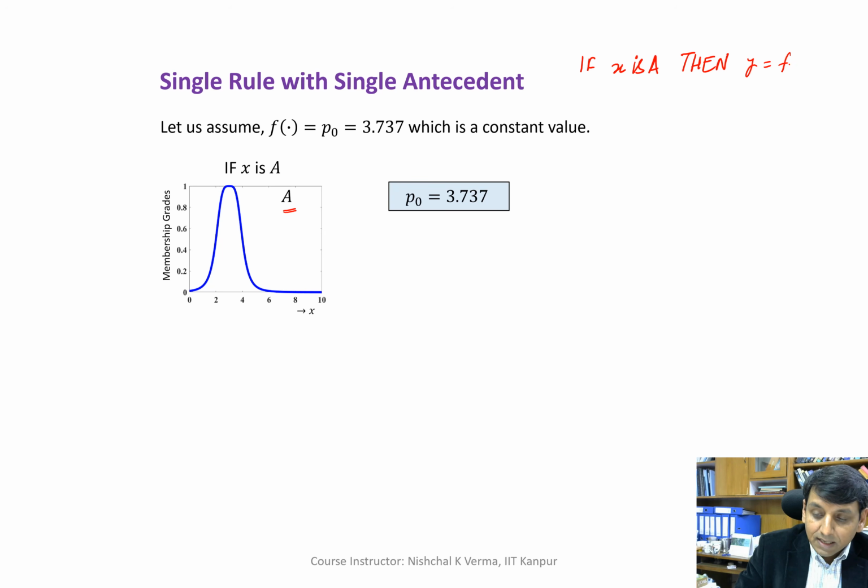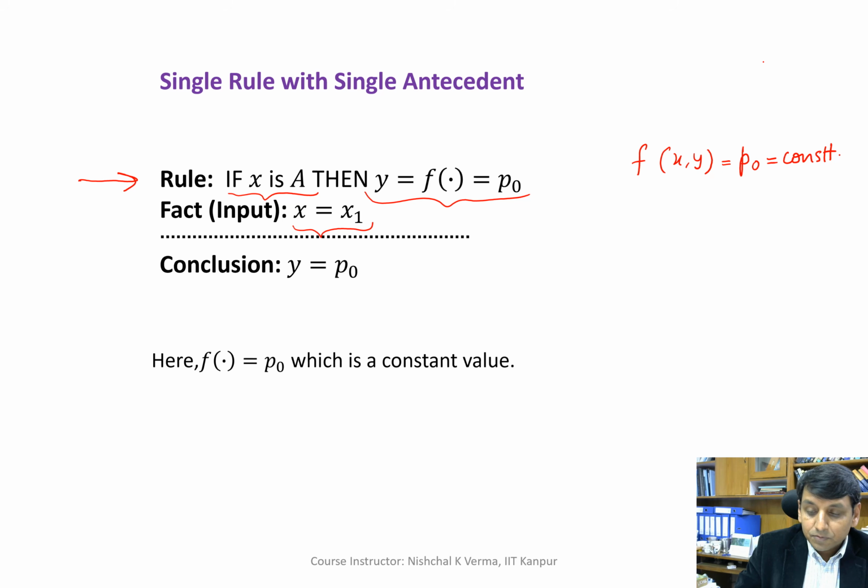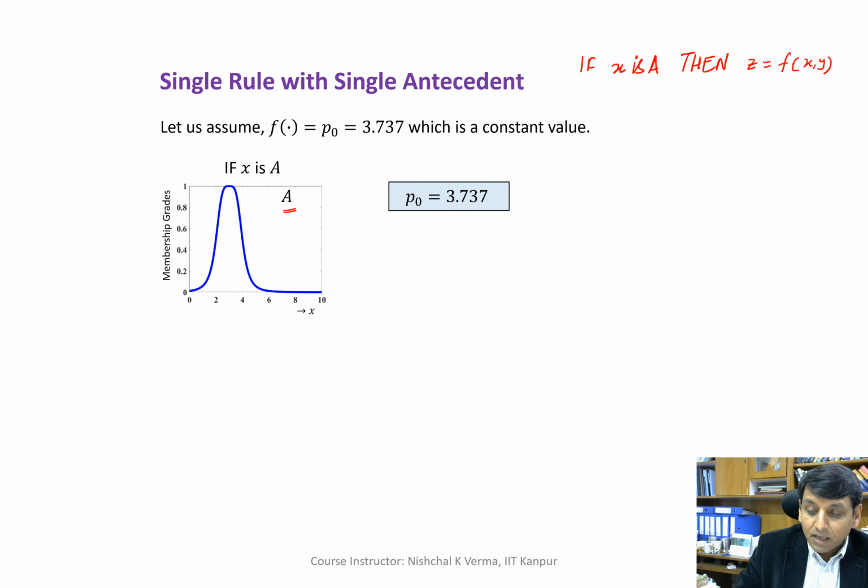So y is f(x), or maybe since we are using y, I can write here z. So z is equal to the output is p0, or if we use y it is better.